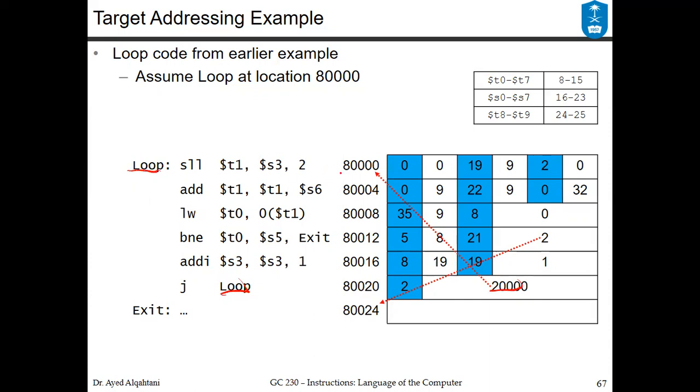And you check what is the address of the label, and then you divide it by 4 to get it to 20,000. Now, if you look at it the other way around, if the interpreter is reading this instruction, jump to loop, the machine code is actually 20,000.